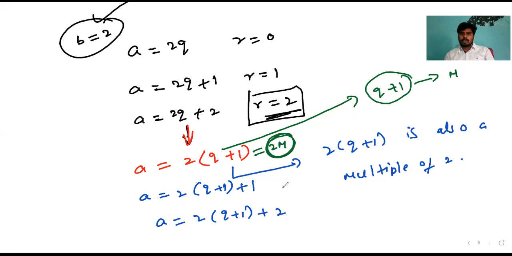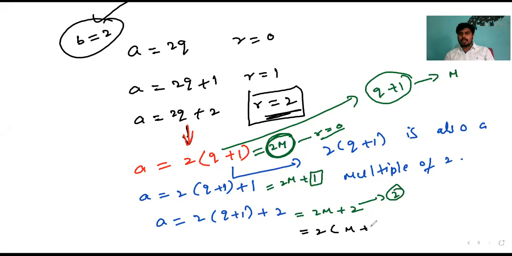And this is also 2m plus 1, and this one 2m plus 2 we get, right? So what is the remainder here? 1. Here? 0. Here? 2. So again we can take 2 common, which becomes m plus 1. Again, this is also a multiple of 2. 2 into m plus 1 is also a multiple of 2.